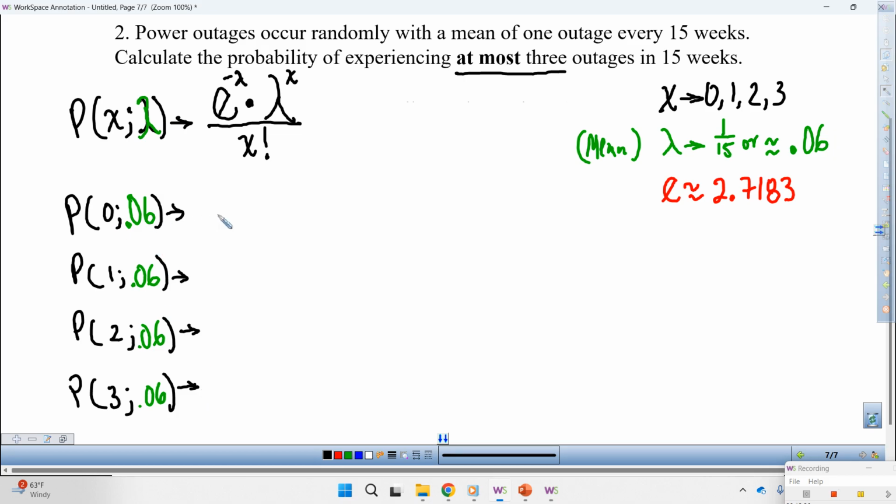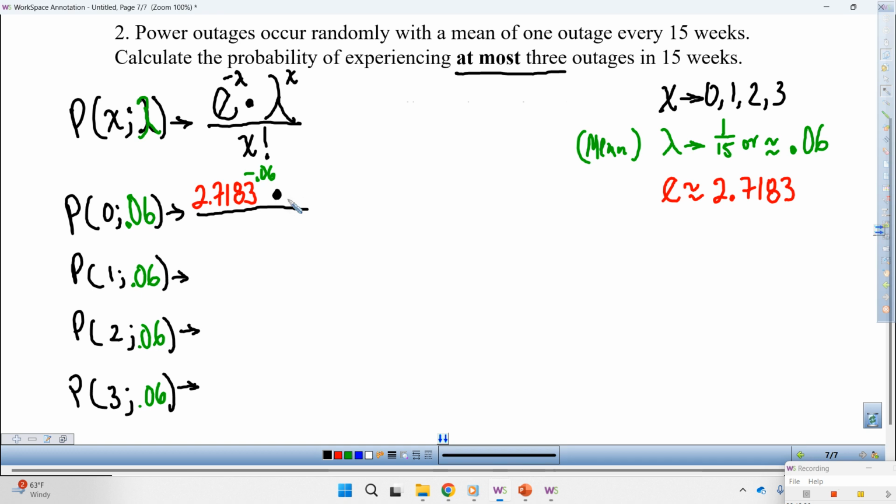I'm going to start with this one so you guys can see the whole mechanics of it. Here we go. E is 2.7183 to the negative lambda, which is negative 0.06 exponent, times.